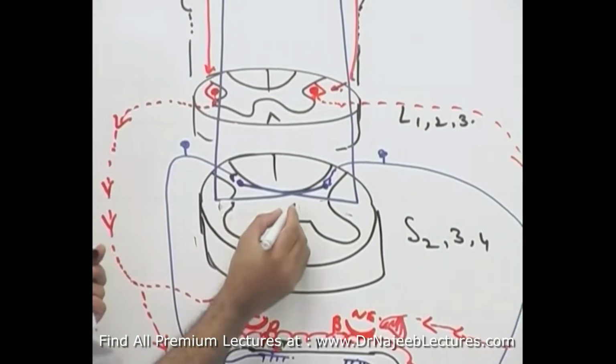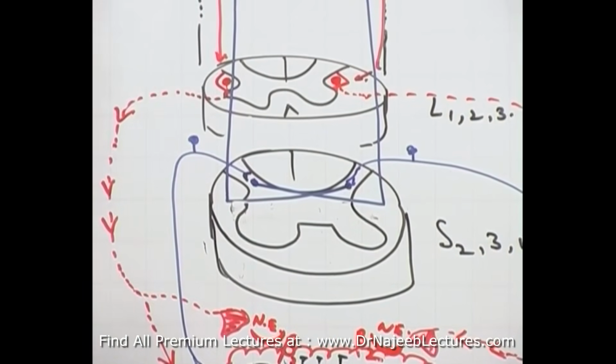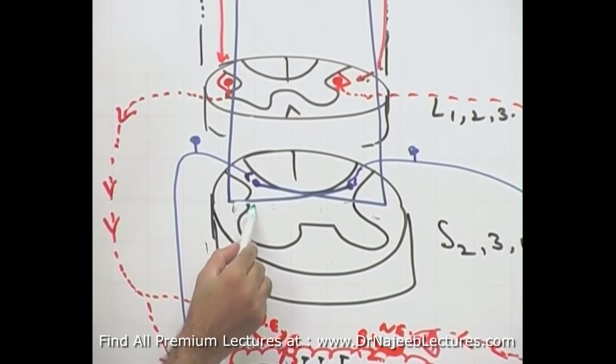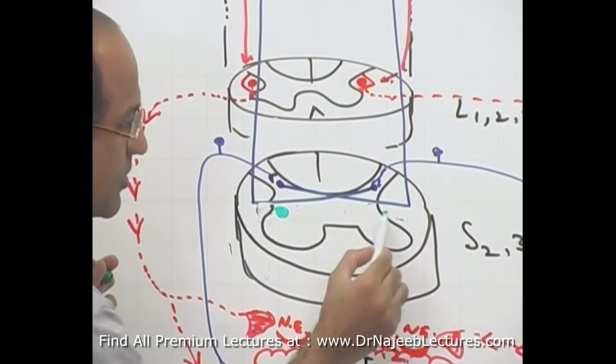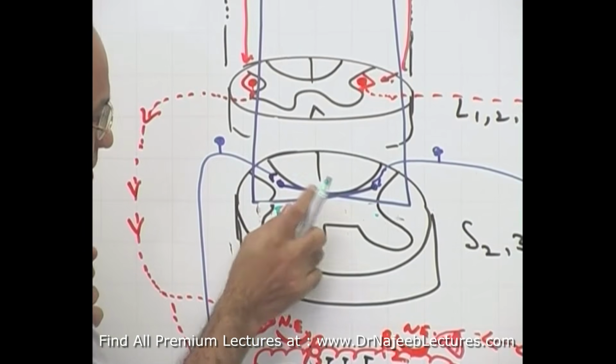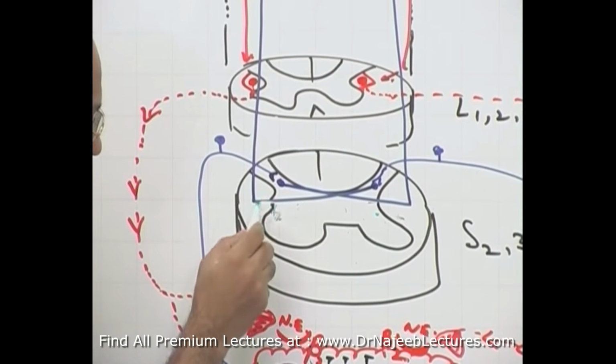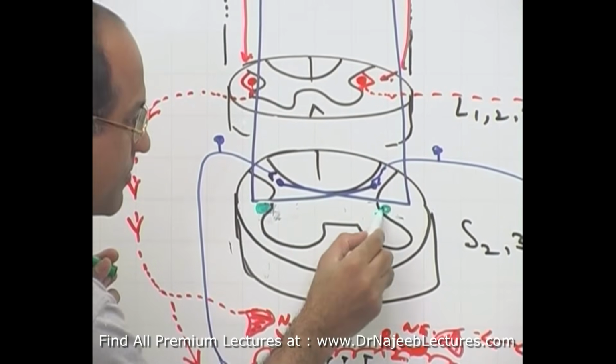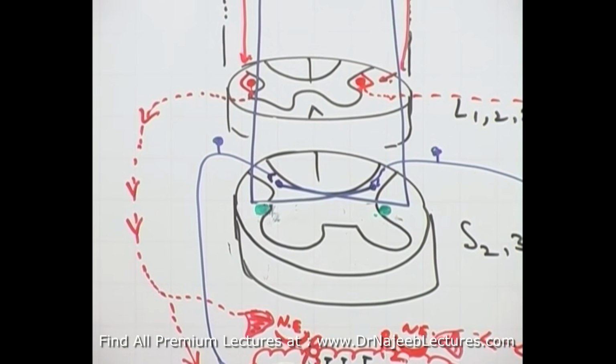Now look. From the lateral horn, which lateral horn is this again? Sacral, isn't it? Sacral, S2 and S3, lateral horn.